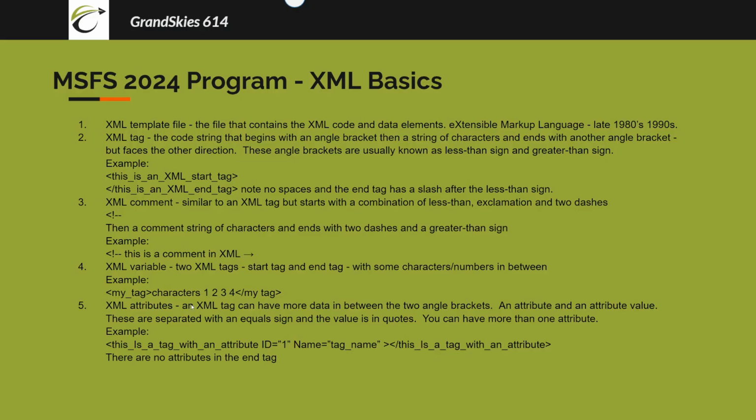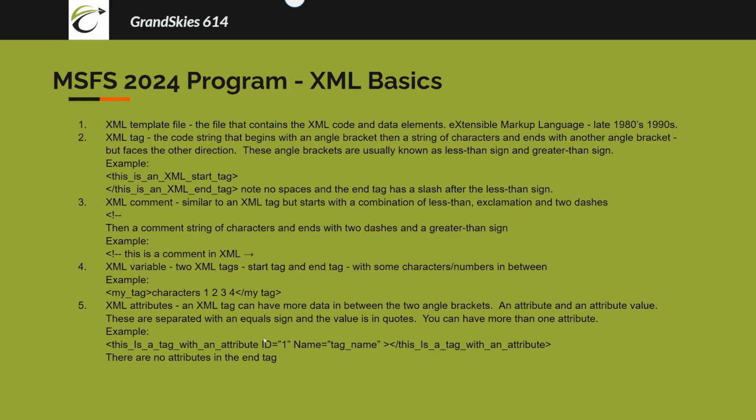XML attributes: it's an XML tag with more data in between the 2 angle brackets, but specifically in the start tag part. An attribute and an attribute value are separated with an equal sign, and the value is in quotes. You can have more than one attribute if you like. So here we have an example, and the name of the tag is this is a tag with an attribute.